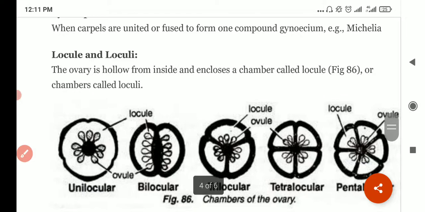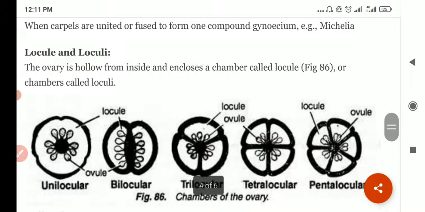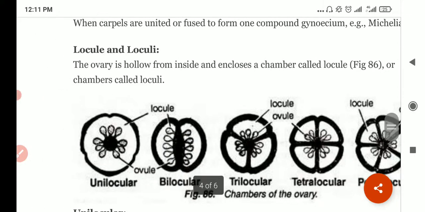Then looking at the locule and loculi. A locule is nothing but a chamber. Let's read what they've written. The ovary is hollow from inside and it encloses a chamber called a locule. We already know it. When you cut into a capsicum, it's hollow inside, and that is nothing but your chamber.